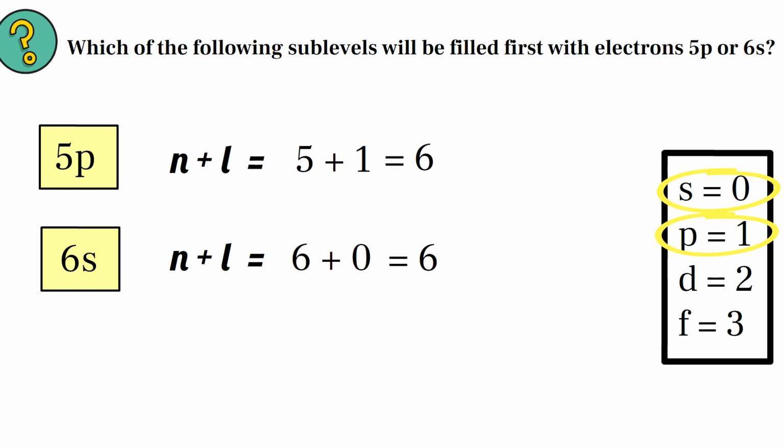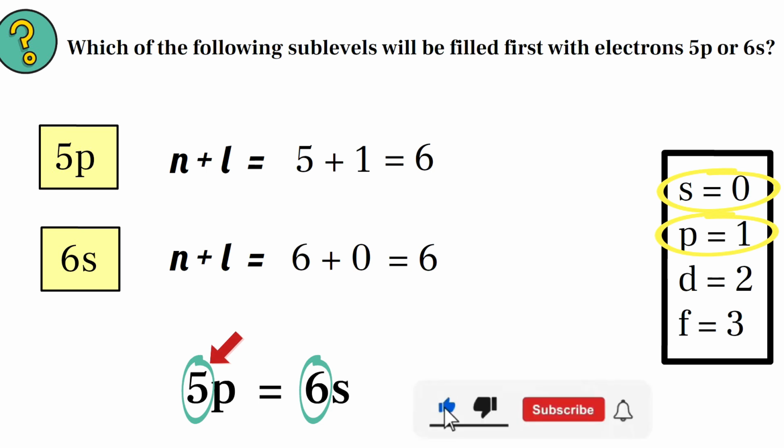As we can see, the energy of the two sublevels is equal. So the lowest energy sublevel will be the one with the lowest value of N. That is, we will fill 5p first, then 6s.